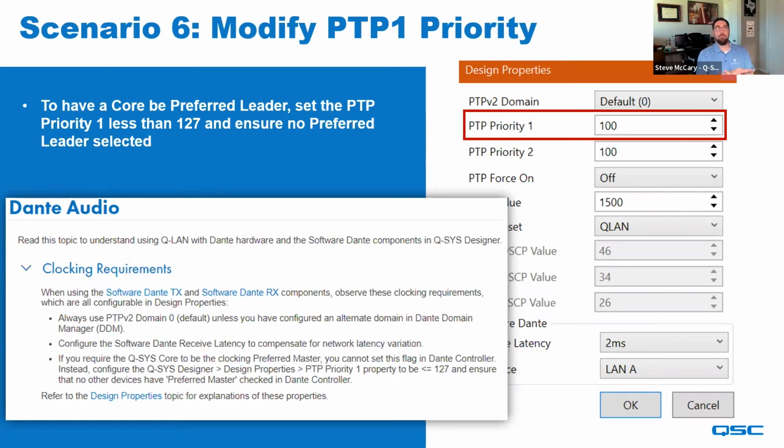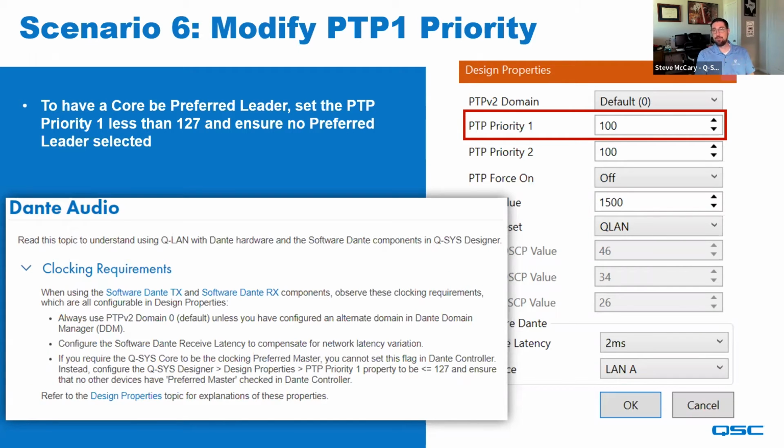If any of you are familiar with Dante Controller and you click the checkbox for preferred leader, basically what you're doing is changing that piece of equipment's priority one.